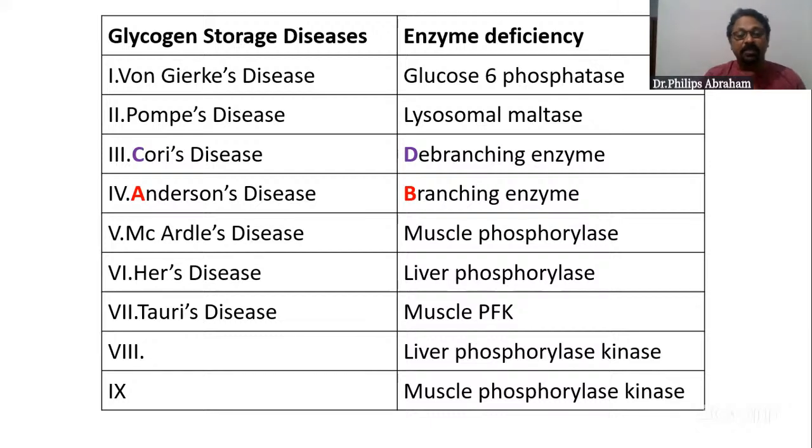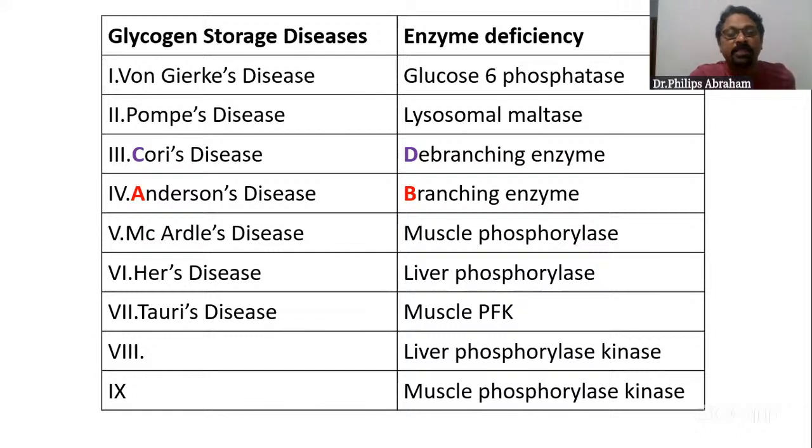You can study this way: CDAB. Andersen, A stands for the letter A, branching enzyme. Branching enzyme for glycogen synthesis, debranching for glycogen breakdown. McArdle disease, the muscle phosphorylase. Hers disease, liver phosphorylase. Type 7 is called Tarui's disease, muscle phosphofructokinase. Types 8 and 9 don't have any names as such.